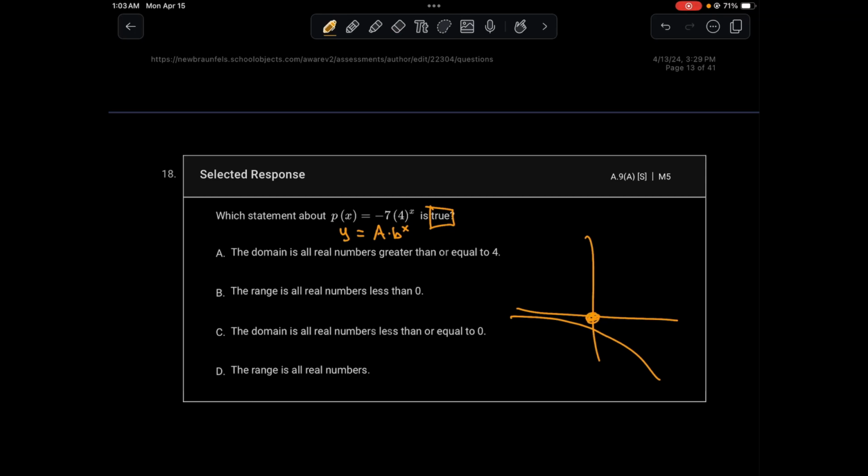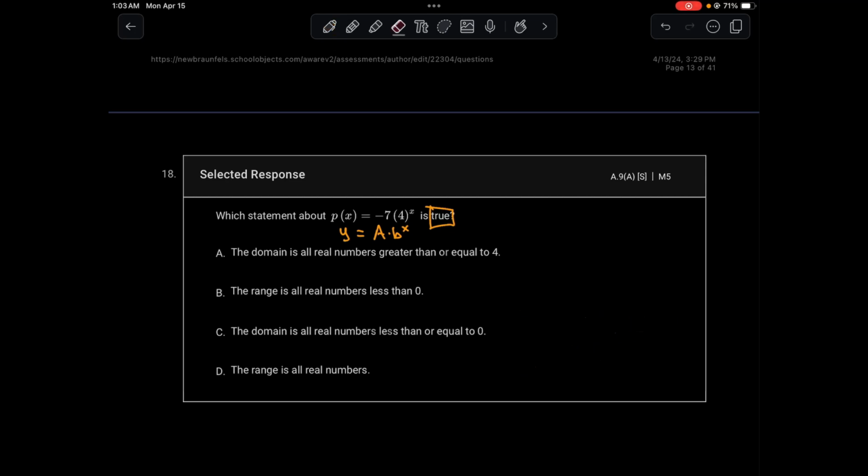Then the range is going to start at 0 and go down, but the 0 is going to be excluded. And of course you can have an exponential that's decreasing. Again, it's going to start from 0 and up. And if it's like this, it's going to start from 0 and down.